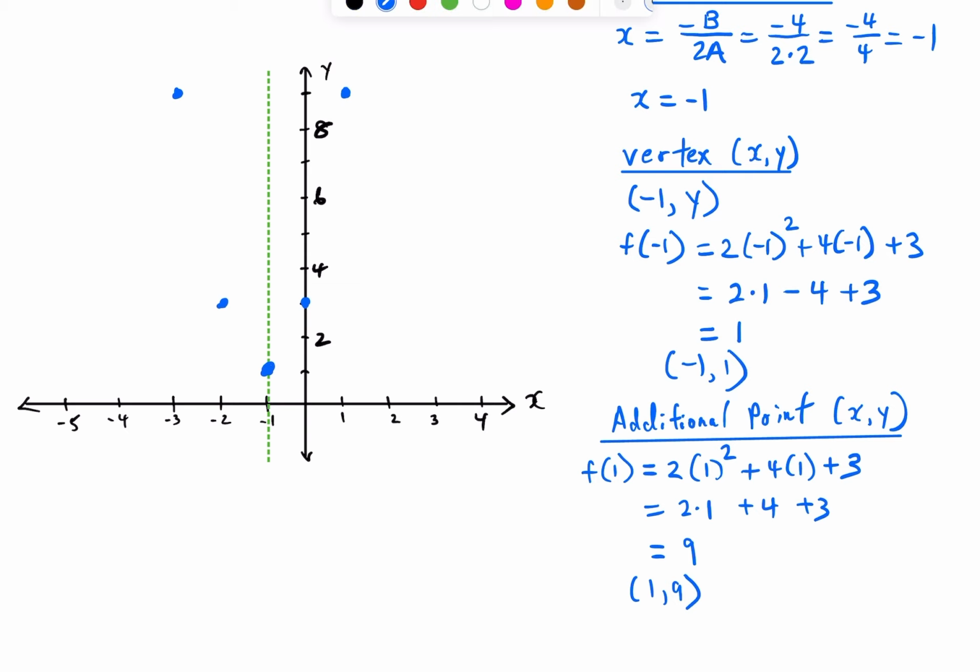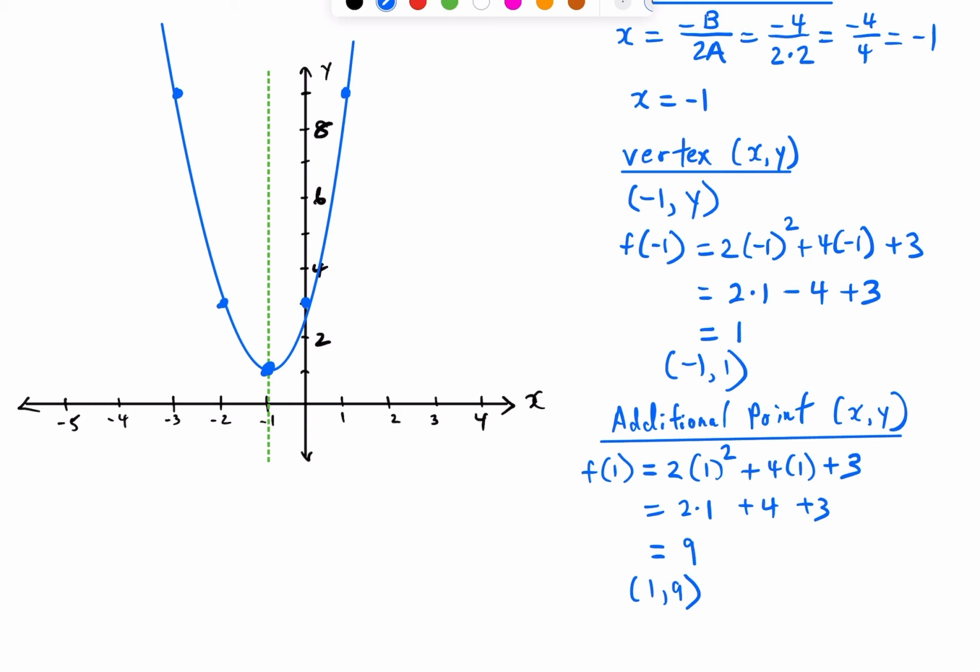So we can go ahead and graph that. And there's our parabola. We can go ahead and resize this and get this to kind of fit on the dots here a little bit. I think that pretty much gives us a nice parabola that covers all 5 of those points.